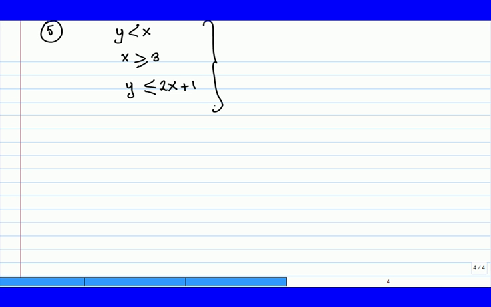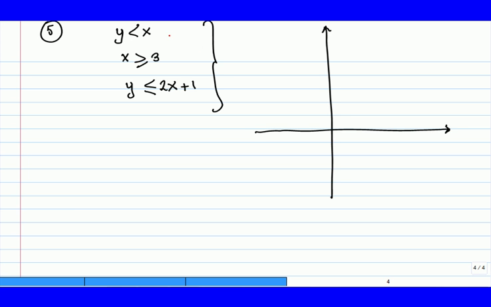You have a system and you need to solve this system. The question is solve. What you do is, I do this with colors. For the longhand portion, bring some color pencils so that you can do these problems a little easier. Y is less than x.